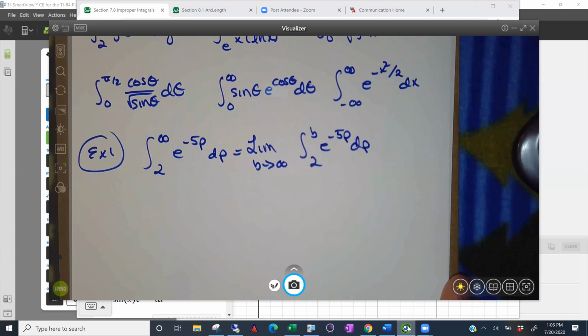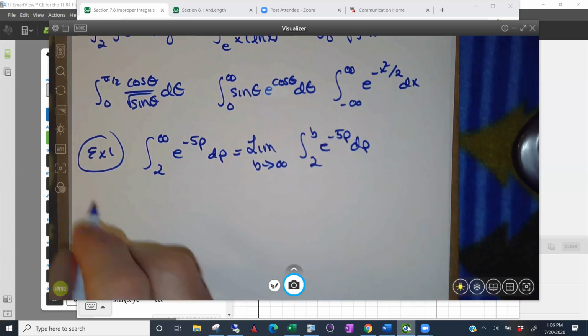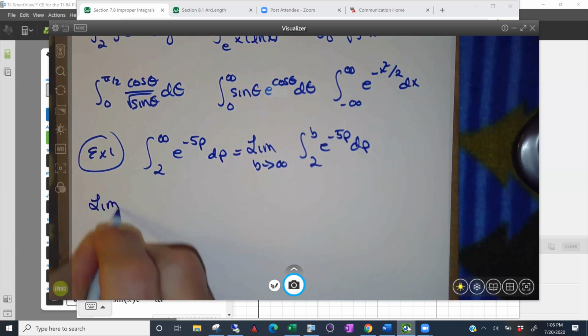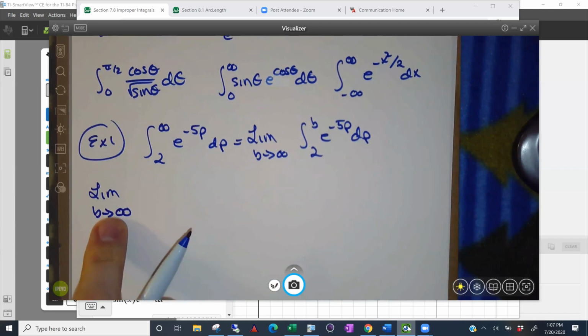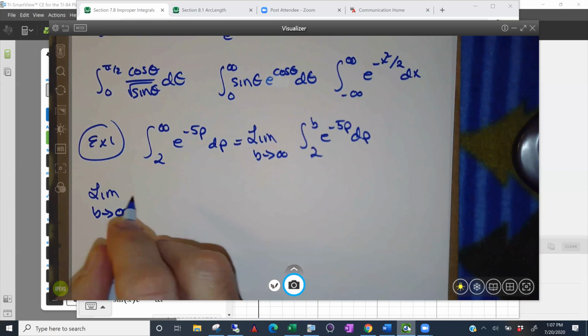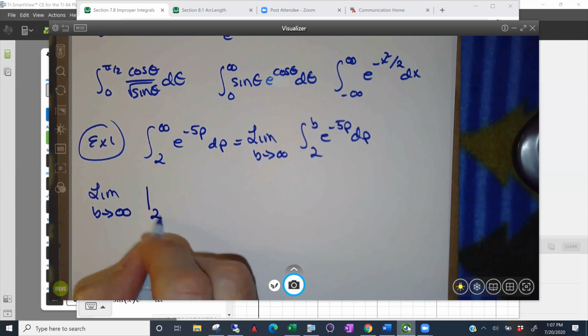Okay, well, we can integrate that. There's nothing wrong with that. Now, one thing I expect is that you keep around this limit until we're all done with it. So it's the limit as b approaches infinity, from 2 to b.